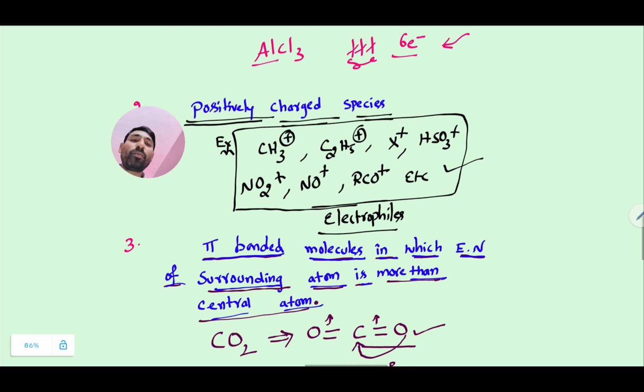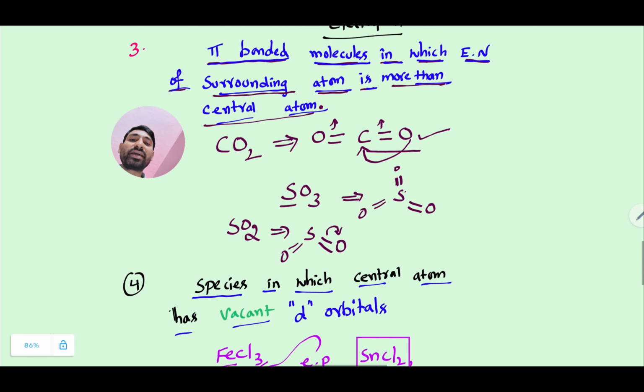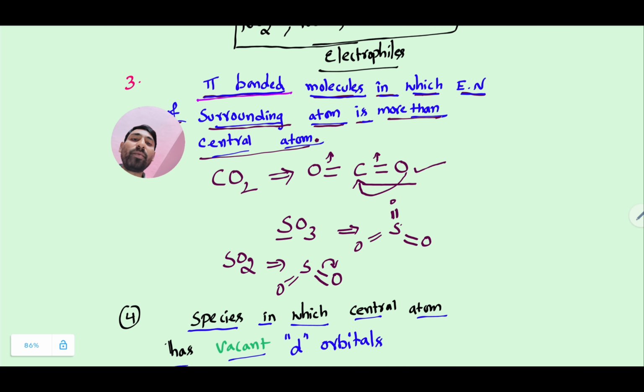In the second case, positively charged species means electron deficient, so they also can accept a pair of electrons and act as electrophiles. In the third case, those with a pi bond, and in such a case, if the electronegativity of the central atom is less than the other atoms, for example, carbon has less electronegativity than oxygen and that molecule has a double bond, pi bond, so that one acts as an electrophile.